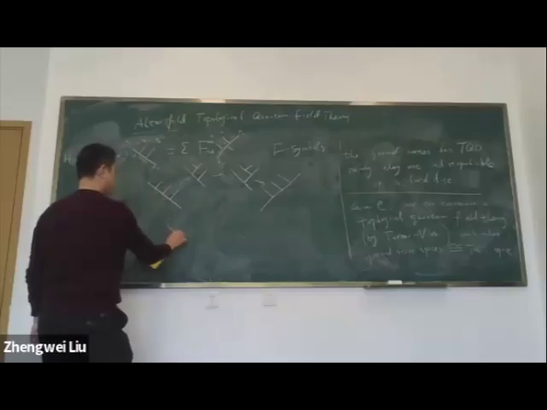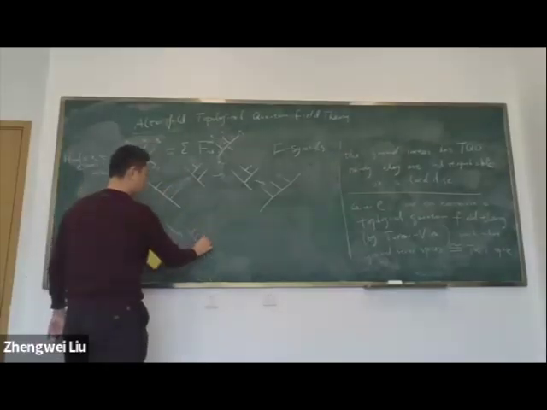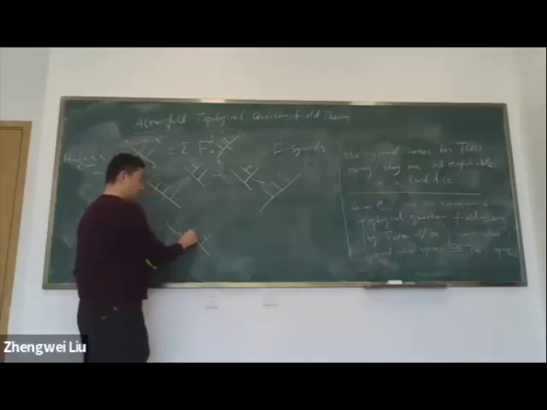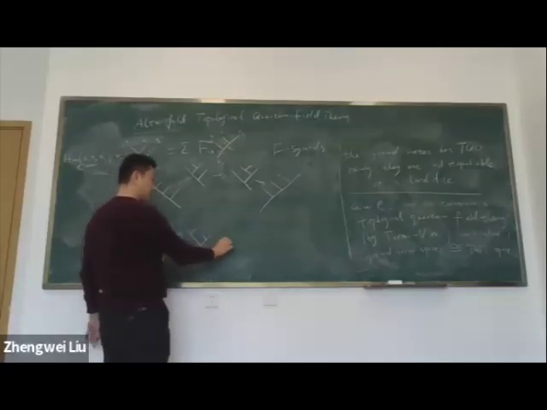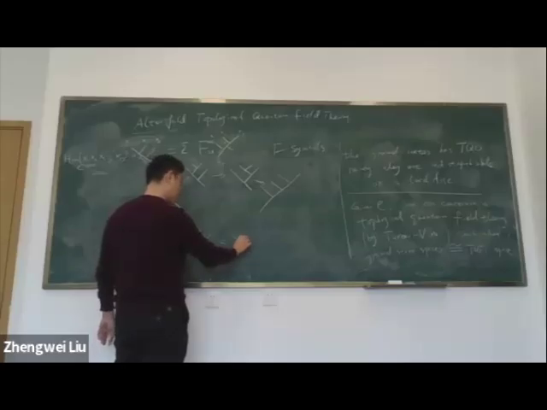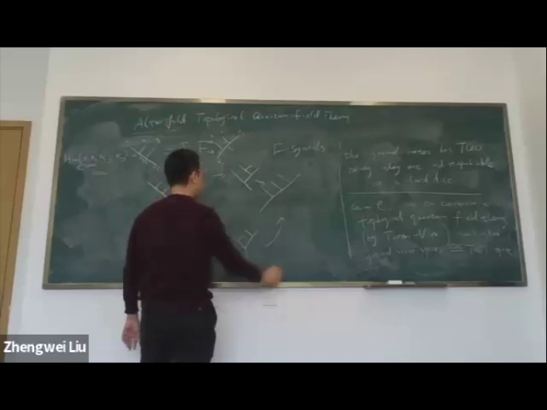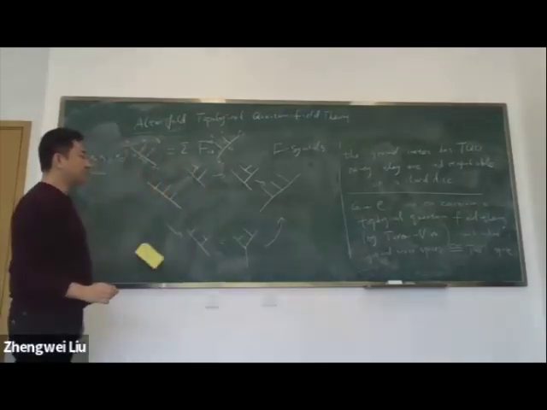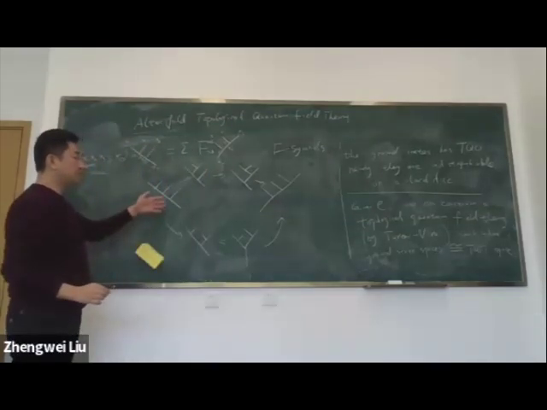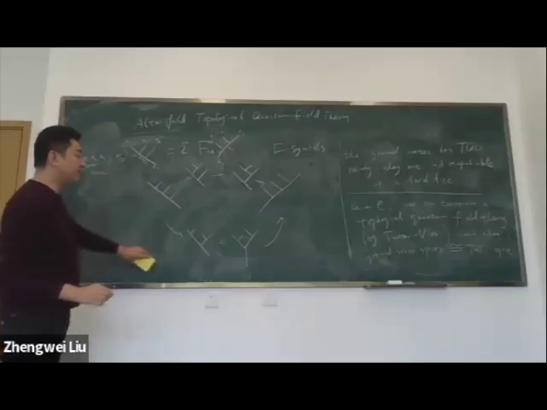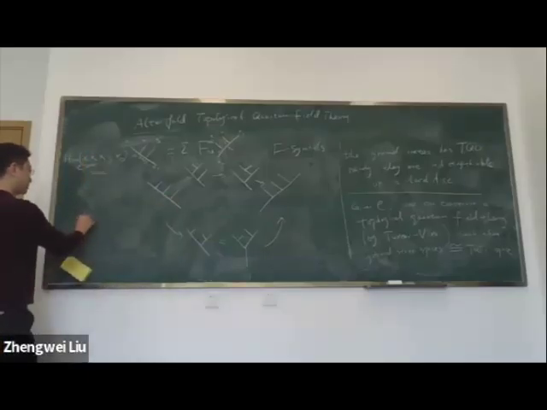On the other way, we can apply a move here. And then here, since it's a tensor functor, we can change the order of the two, and then get back to this. So in total, there are 5 steps. And this gives us the equation for F symbols, and that's the pentagon equation.